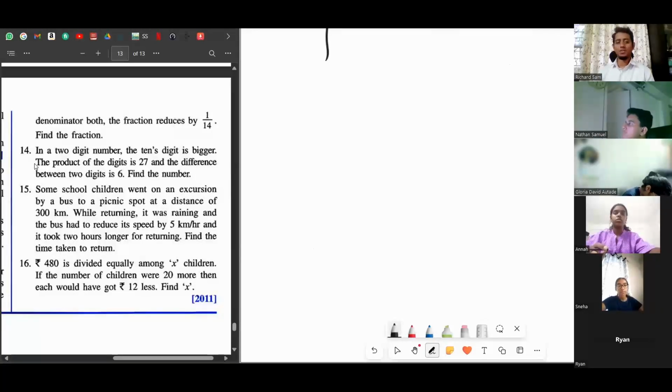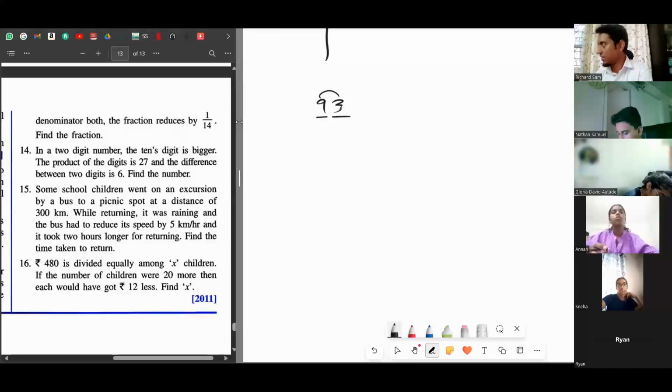Give me an example of a number where the product of the digits is 27. Yeah, where the tens digit is bigger. 93. 93 is an example of a number where the tens digit is bigger than the ones digit, and the product of the digits is 27, right?